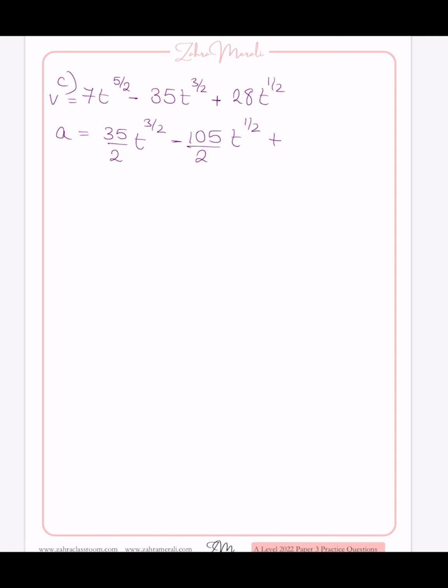And then we've got 28 times a half, so 14, and that's t to the power of minus a half. When t equals 4, a equals, and you can just plug that in a calculator. You can also use your differentiation button, as long as you've shown you've differentiated it, you can then just put it in to get the value.